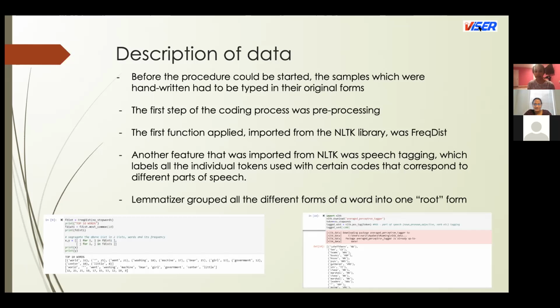So then another function that I used, which was especially valuable and actually helped me get a lot of important results, was part-of-speech tagging. Speech tagging labels all the individual tokens or words used with certain codes that correspond with different parts of speech.